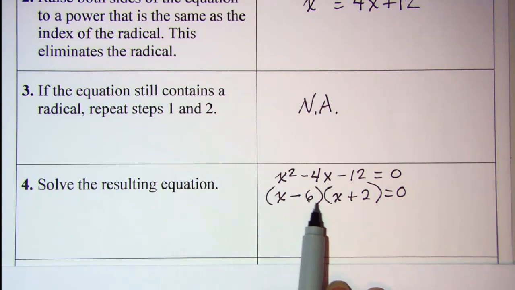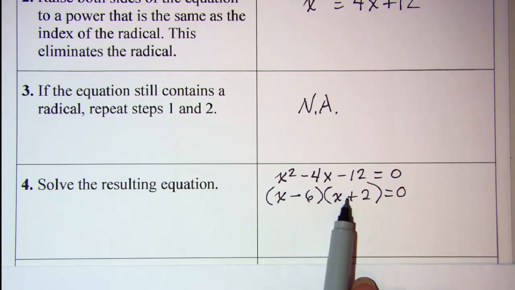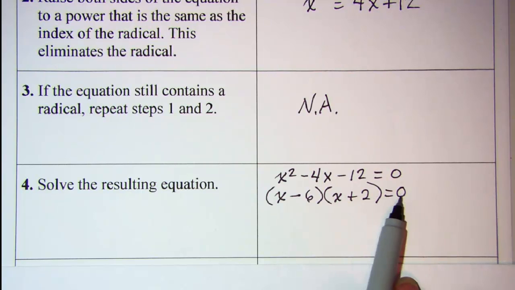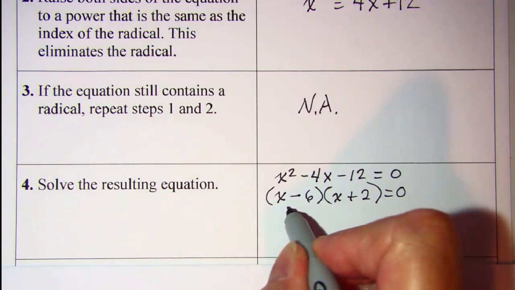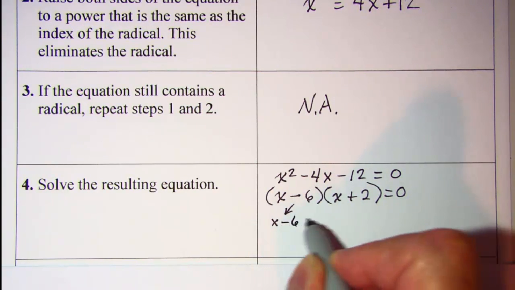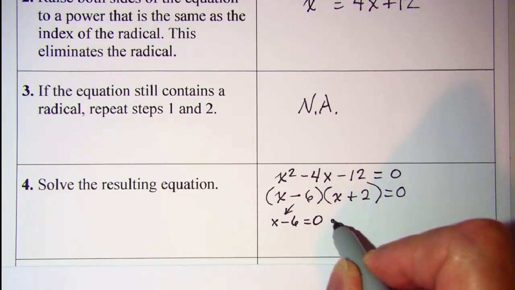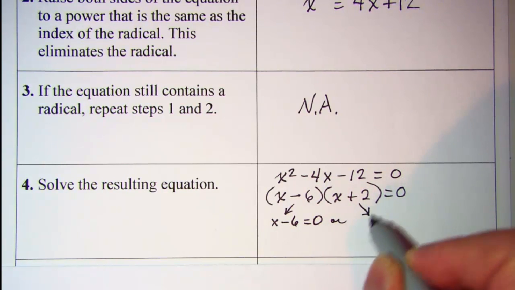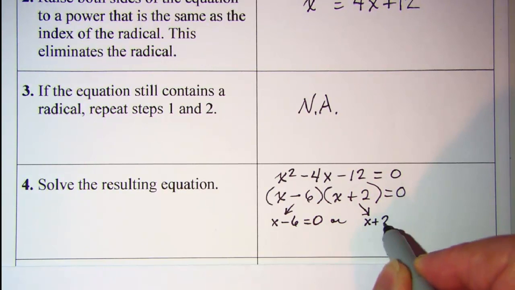Now once you have two factors multiplied together to equal 0, you can use the zero factor property and set each of these equal to 0. So x minus 6 equals 0, and x plus 2 equals 0.